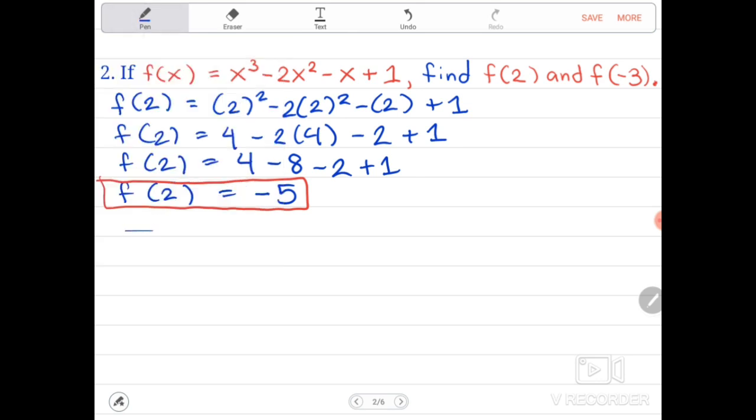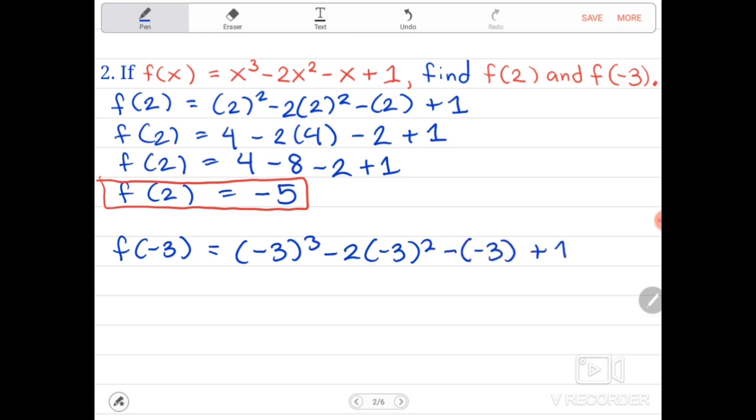Next, f of negative 3. So f of negative 3. Let us substitute all x by negative 3. We have negative 3 cubed minus 2 times negative 3 squared minus negative 3 plus 1. Let us simplify all the exponents.